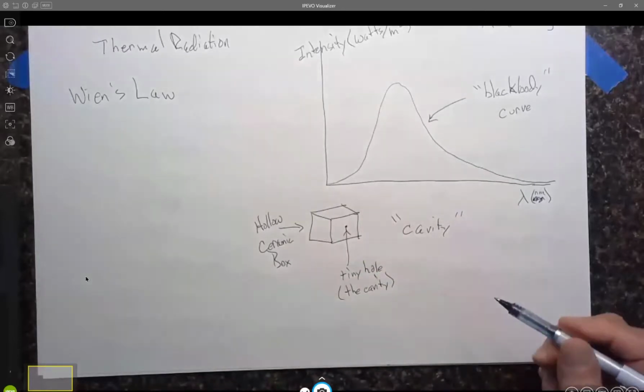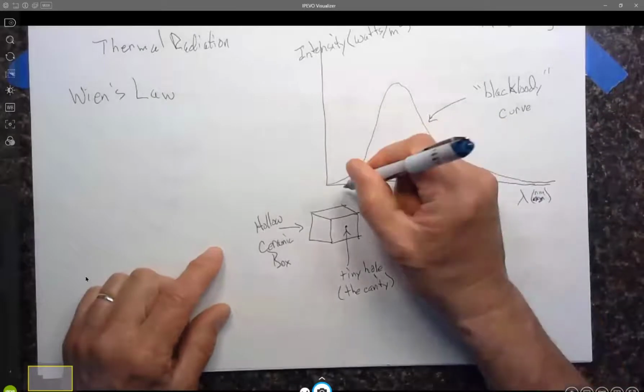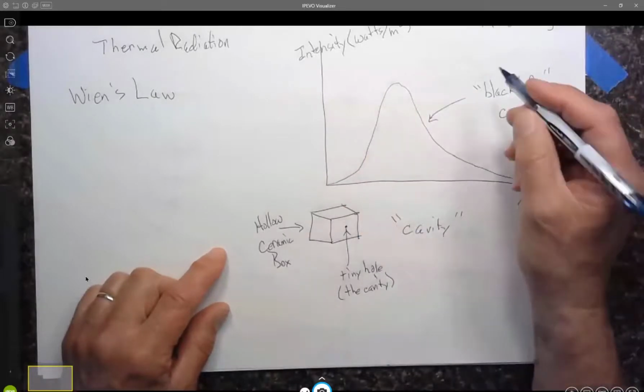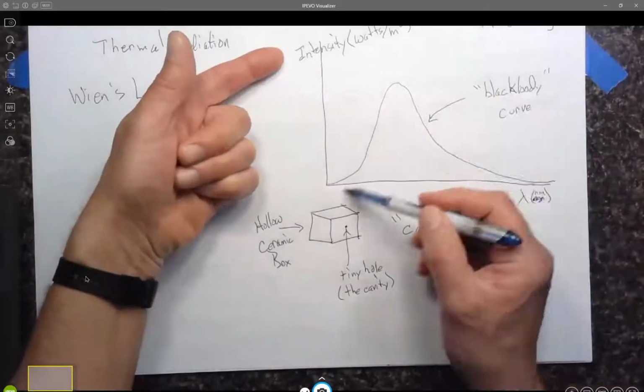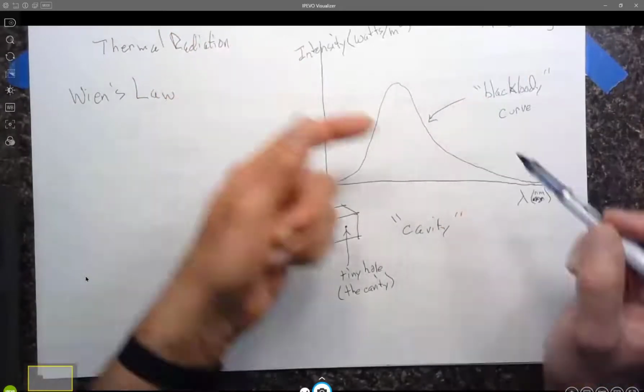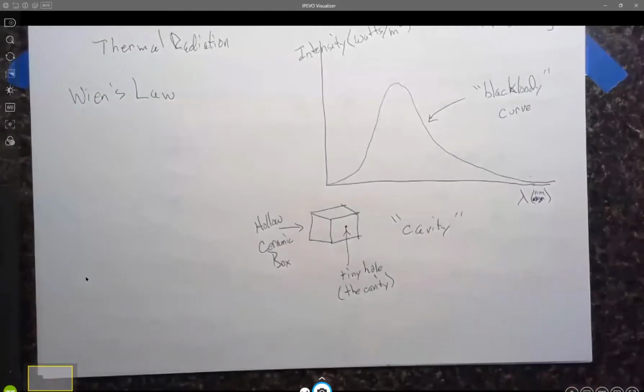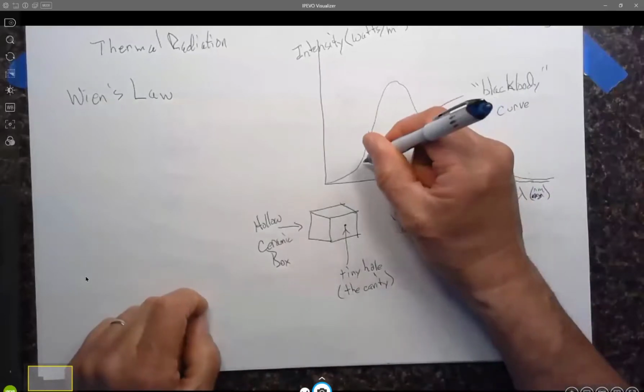Okay, now, if it was an ordinary object at a particular temperature, this is the thermal radiation curve for one of these perfect things, intensity versus wavelength. What you do is take the light, feed it through a prism or a diffraction grating, and study just the light at a particular wavelength.